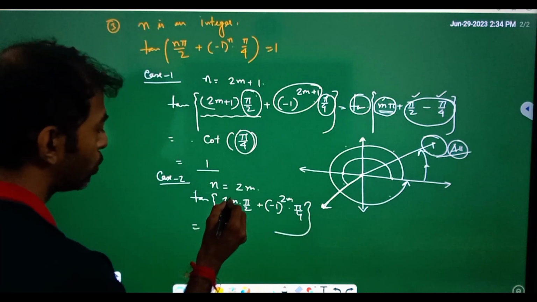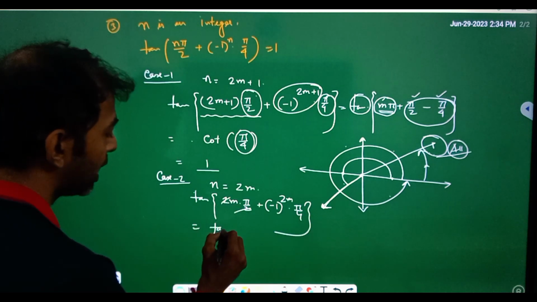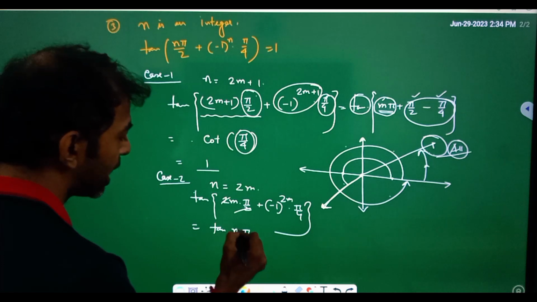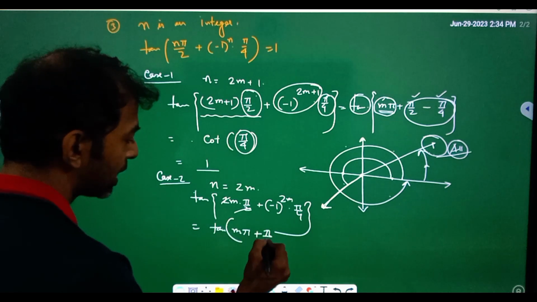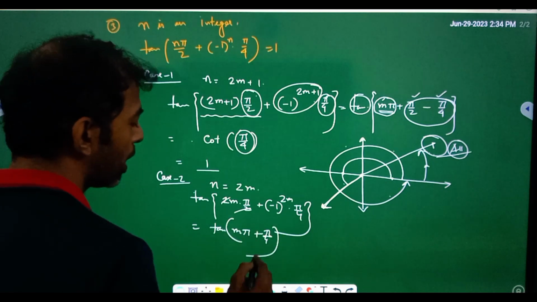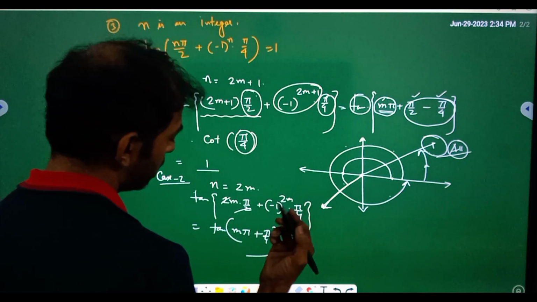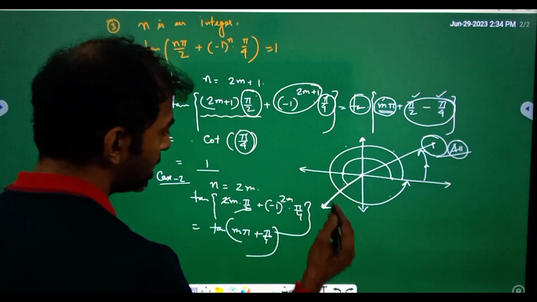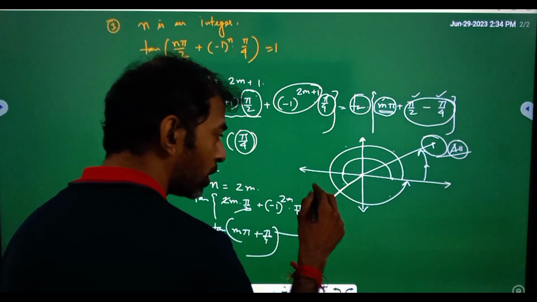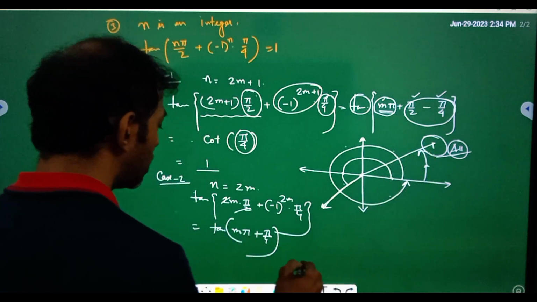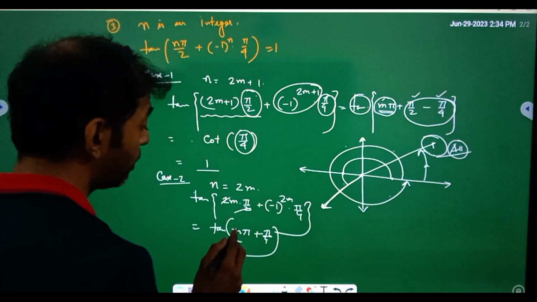Now 2 cancels, tan(m pi plus pi by 4), and the same scenario here. Okay, m pi plus pi by 4, the angle may lie in the third quadrant or first quadrant depending on the value of m.